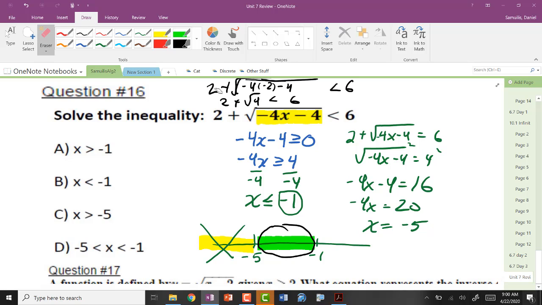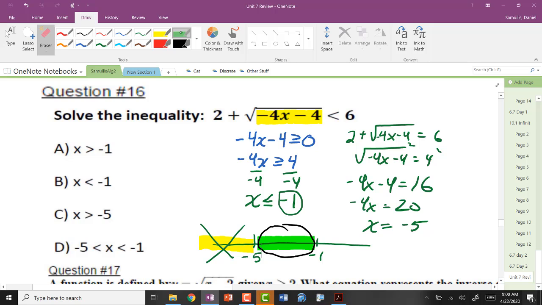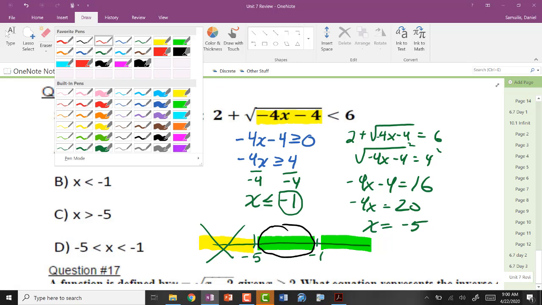Well, now how about the last solution? I want a number that is greater than negative 1. So again, let's go with my 0, because I like 0. All right, so let's give some different colors here.